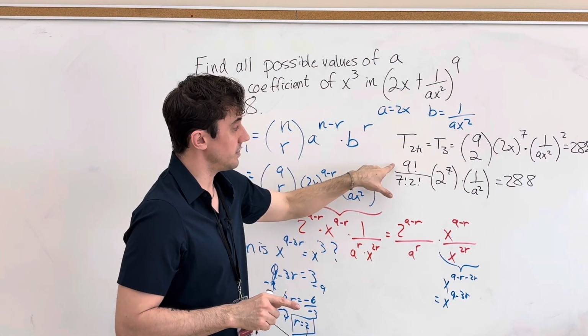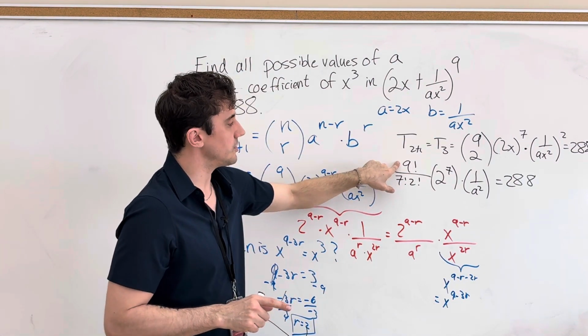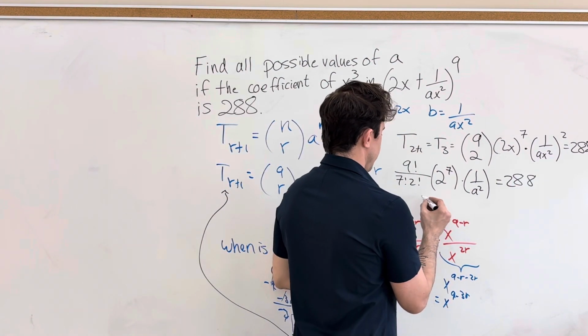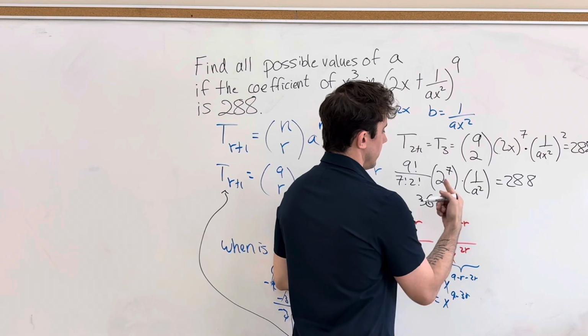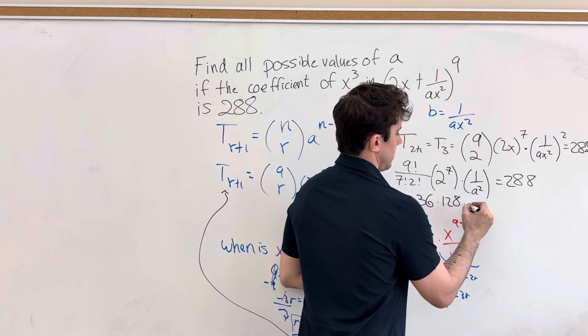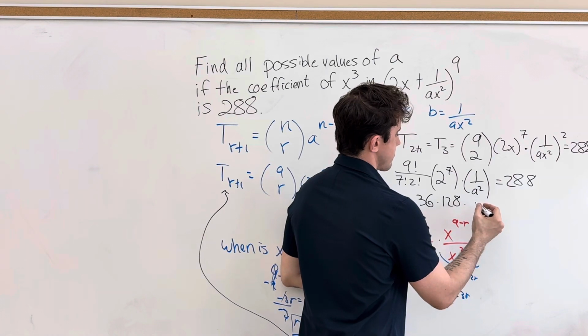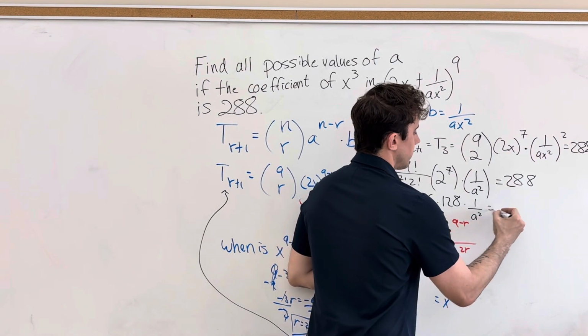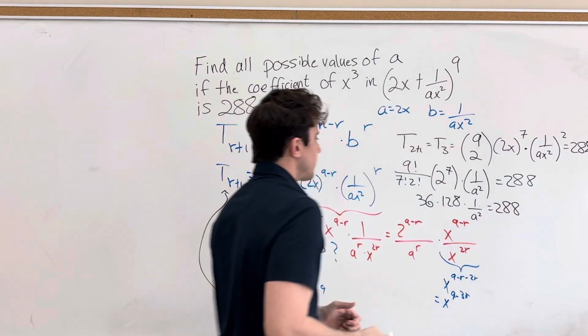So all that'll be left is 9 times 8, which is 72, divided by 2 factorial. That's 36. So we'll have 36 times 2 to the power of 7, which is 128, times 1 over a squared, is equal to 288, right?